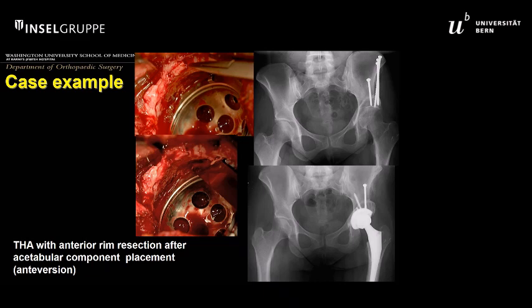Here we're looking from posterior at the anterolateral acetabular rim, and you can see the anterolateral rim is prominent by at least 1.5 centimeters above the well-positioned acetabular component.